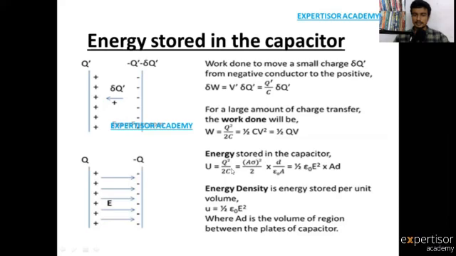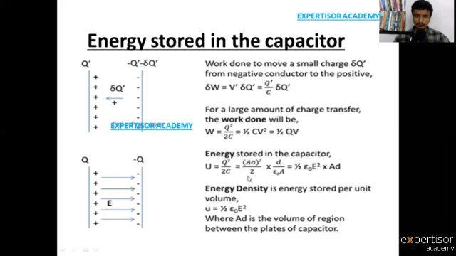By using the surface charge density, sigma is equal to Q by capital A, where A means area, charge divided by area. So Q is equal to sigma into A. Substitute sigma A in place of Q. That gives (A sigma) whole square divided by 2C.